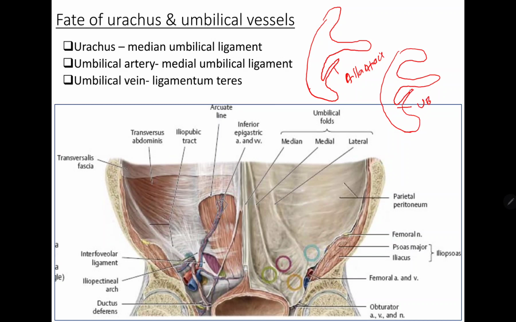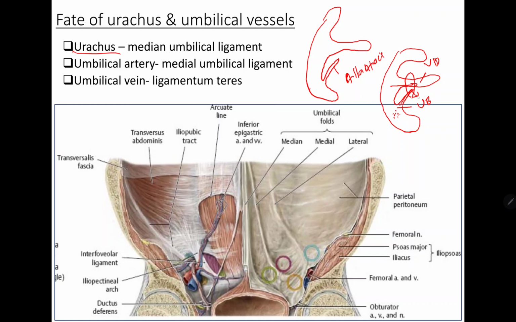Once the urinary bladder is completed, this particular part is called the urachus. Okay, and the urachus opens into the umbilical ring. The urine which is produced by the embryo is excreted through the urachus to the umbilical cord, and the fecal matter which is produced passes to the vitello-intestinal duct.